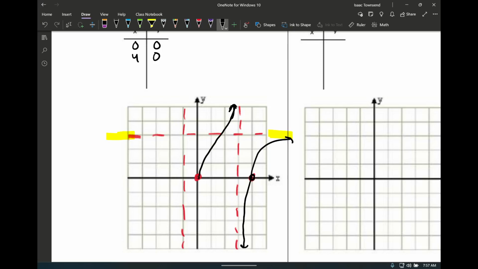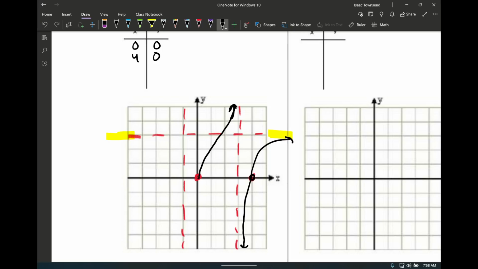There's nothing wrong with that. It can't cross it on the far right or the far left, but if there's a middle section, it can actually cut through there. And if it makes you feel better, you could plug in x equals 1, see that it's somewhere around 2, plug in x equals 2, see that it's somewhere around 3 or 4. Like, you can find these actual points if you're skeptical.